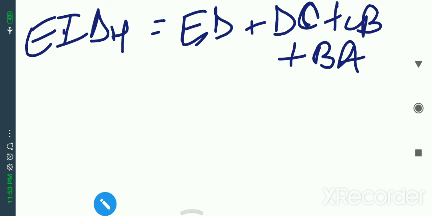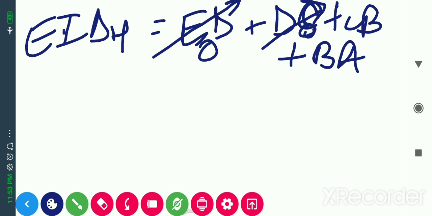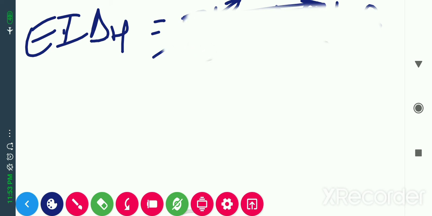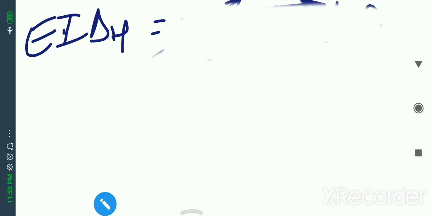The value of capital M and small m for AD was 0, so we can ignore this part, and the value of small m for this DC part was also 0, so we can ignore this also. So we are left with only two parts, CB and BA, and we will write the expression only for CB and BA.